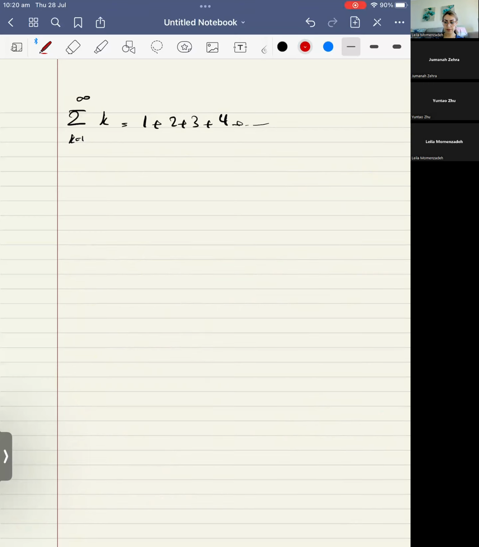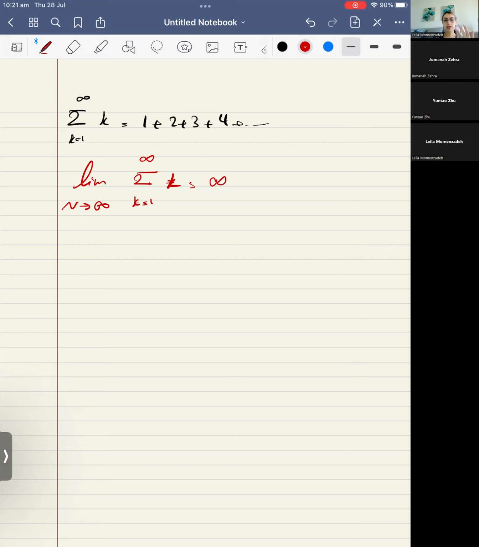I think it converges. This series, if you get a limit from this series, if I write the limit n to the infinity of the series k equals 1 of k, if you add them all together, the result increases to infinity.